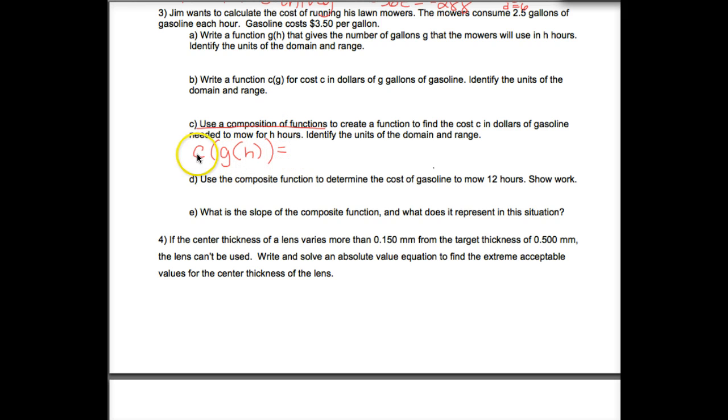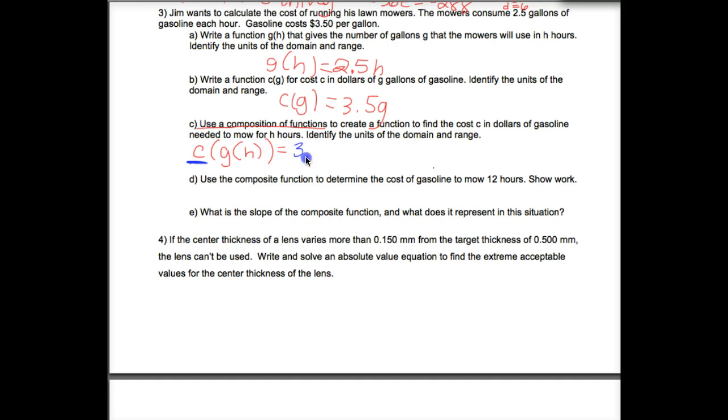So in order to do C of G of H, I need to plug some things in. So the answers from here, at least the first part. Sorry, that's hard to read. That's a 2.5H. So C of G of H, again, compositions, outside and work in. So the outside function is my C function.